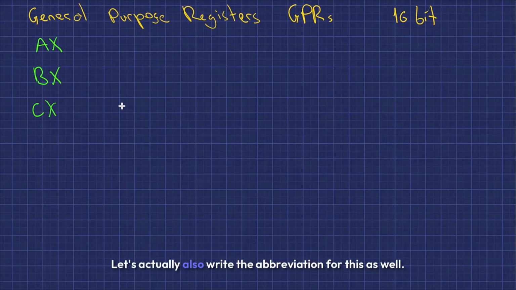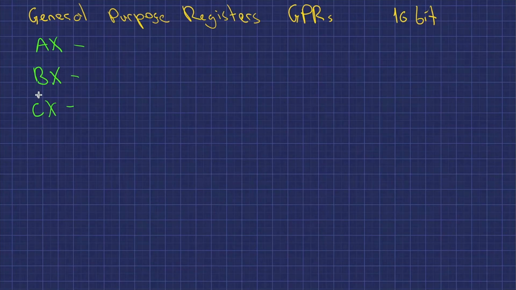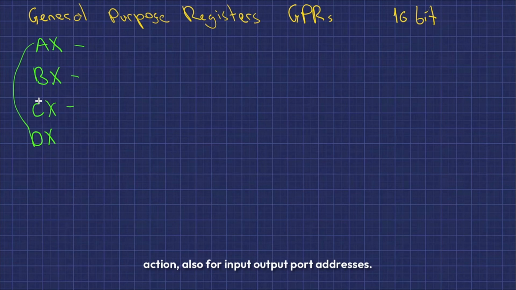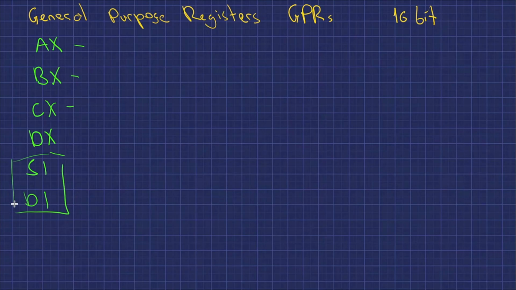We have DX, which is the data register, often used alongside AX in division and multiplication, and also for input-output port addresses. We have the source index and destination index, SI and DI, used in string operations and array traversal.